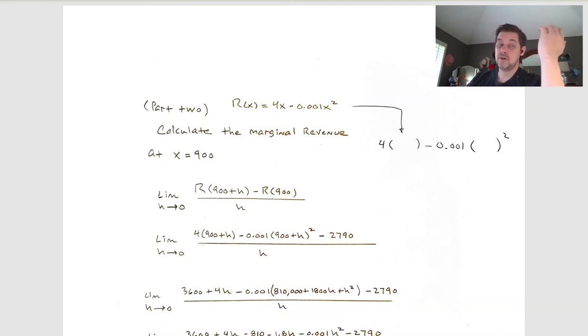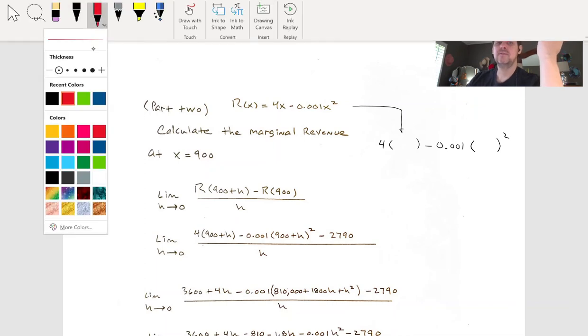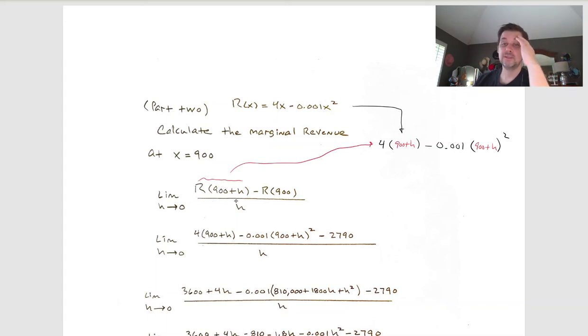By exactly the same token, if I want to input 900 plus h, I would put it in the same way. I would put it right here, and I would put it right here. That's what r of 900 plus h is.